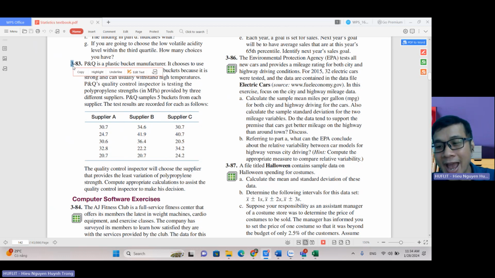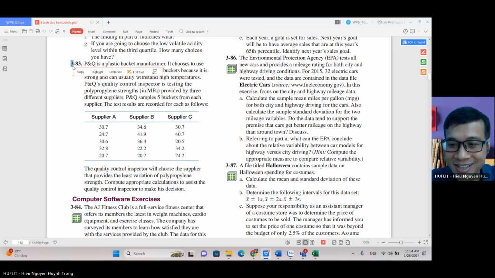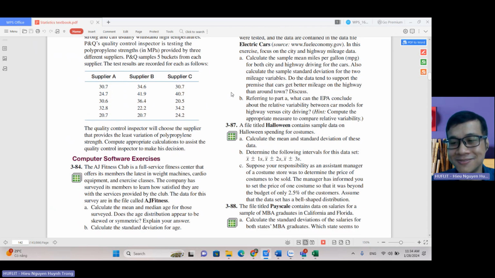And here we have a bonus of another 83 exercises for the chapter review. It seems like a lot of work, but think positively. It is an opportunity for us to practice, to improve, to brush up on your skills.